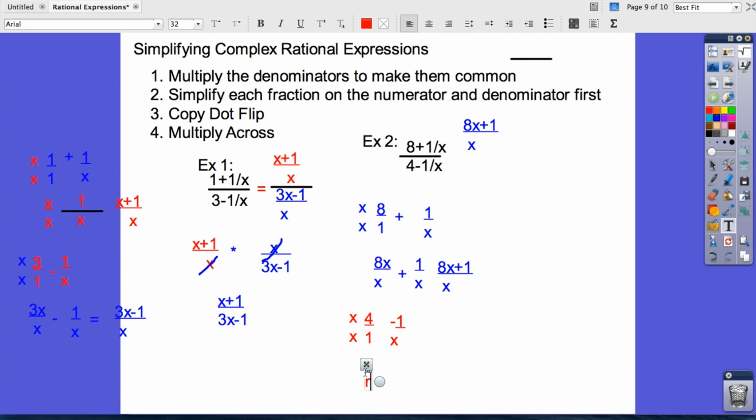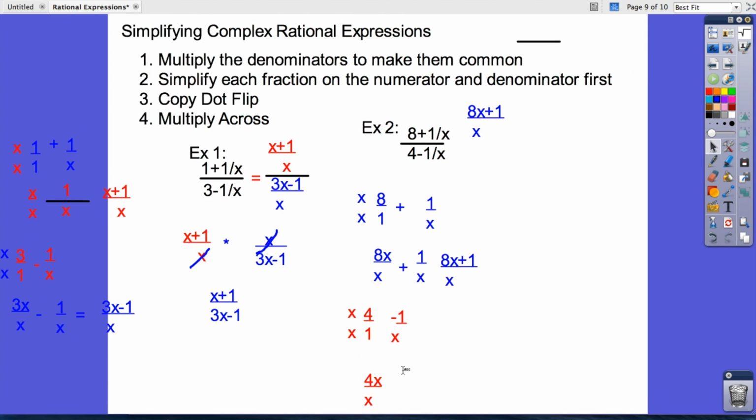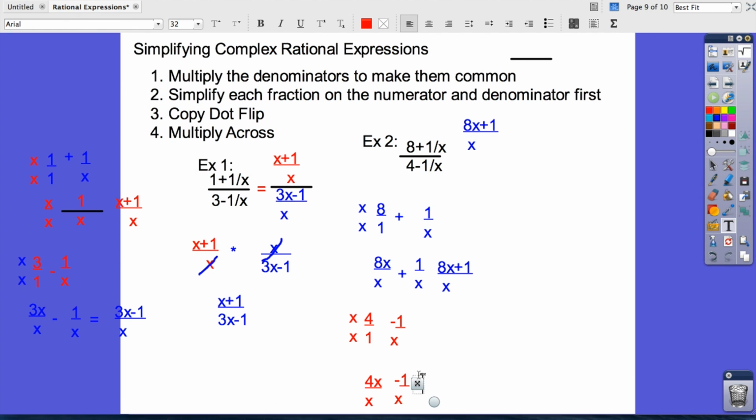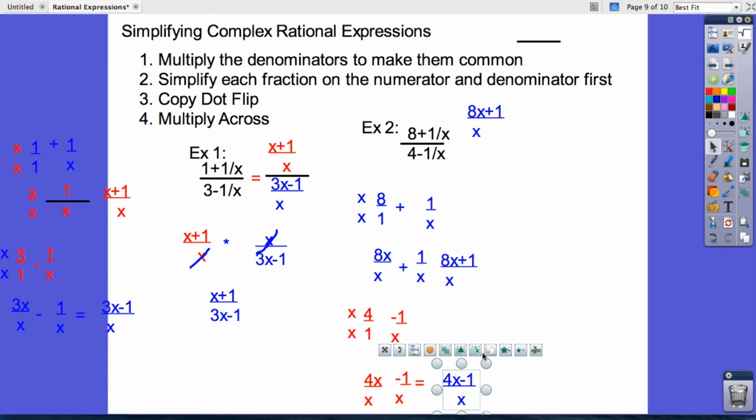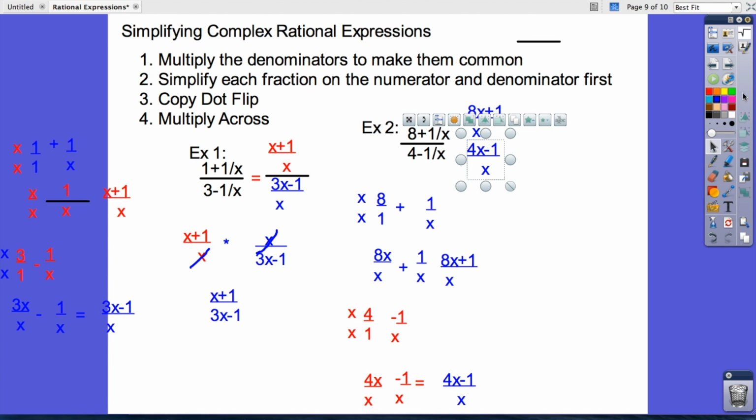We get 4x divided by x minus 1 divided by x. And so your denominator is going to officially look like 4x minus 1 divided by x. And if you'll notice, a lot of these look exactly the same in the way that we're doing it.